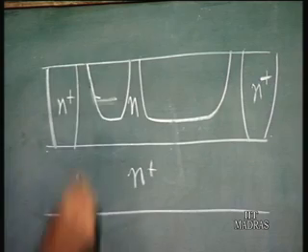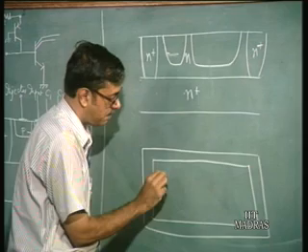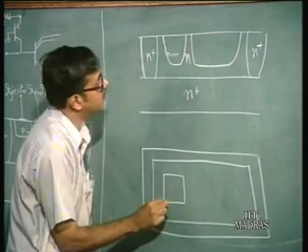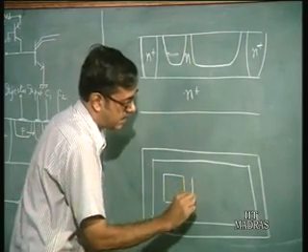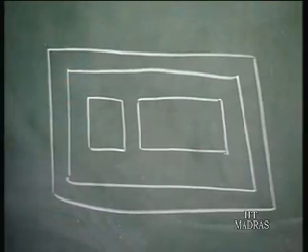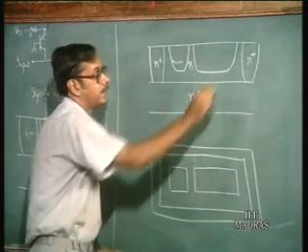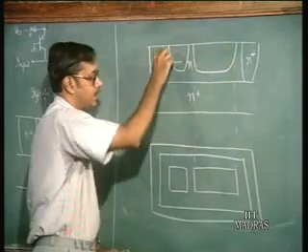So this is the cross sectional view. From the top view, the mask is going to be something like this, and this is the base. All right, so this corresponds to this region, and this is the injector.